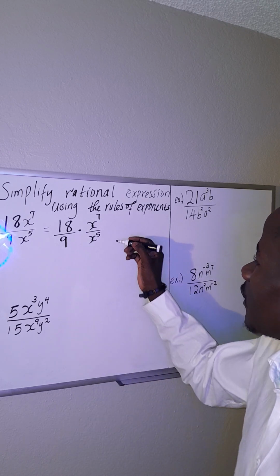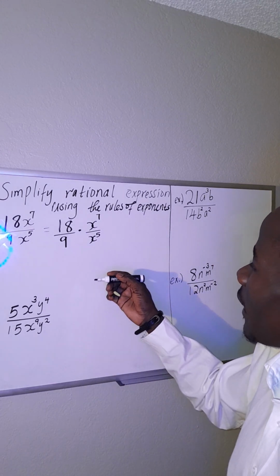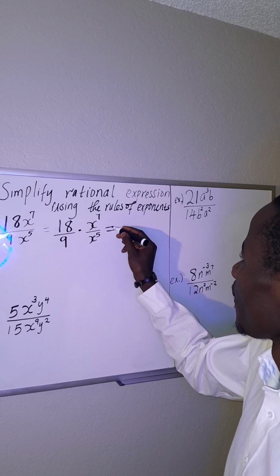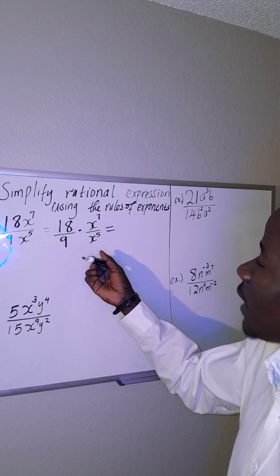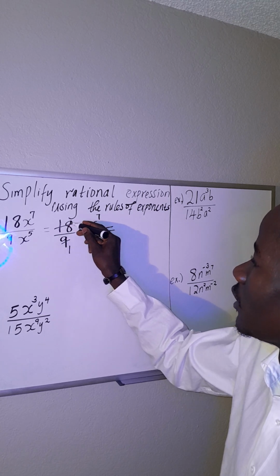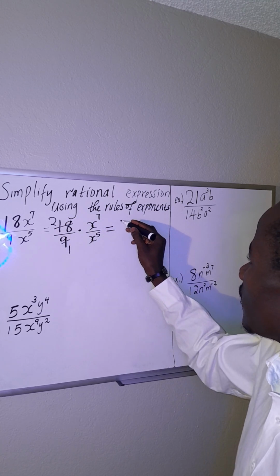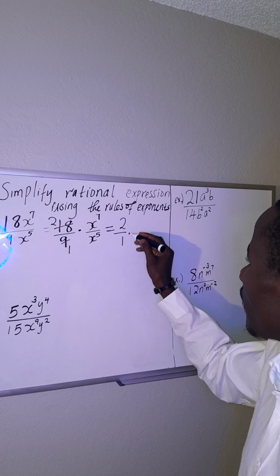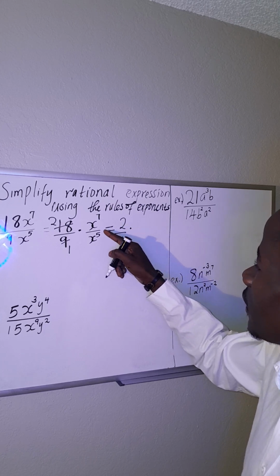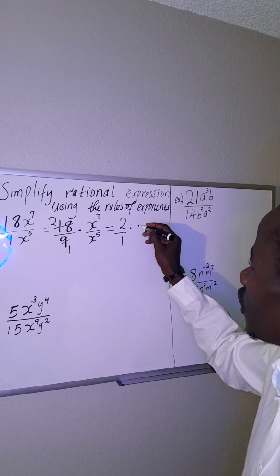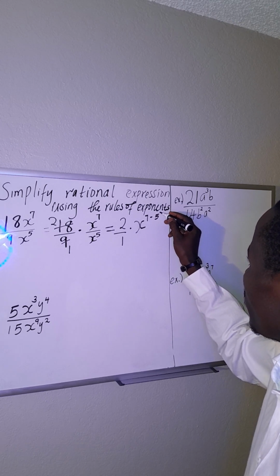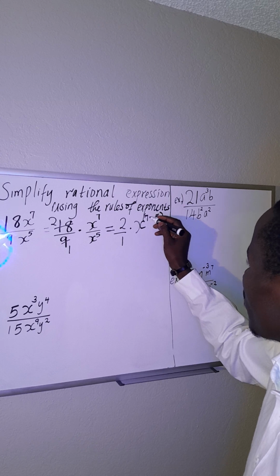So now it looks a little bit lighter. We will follow the rules of exponents as we solve this. For 18 out of 9, 9 goes into itself 1 time, and 9 into 18 is 2. Therefore, I'll write this as 2 out of 1, times x raised to the power of 7 minus 5, following the division rule, or the quotient rule.